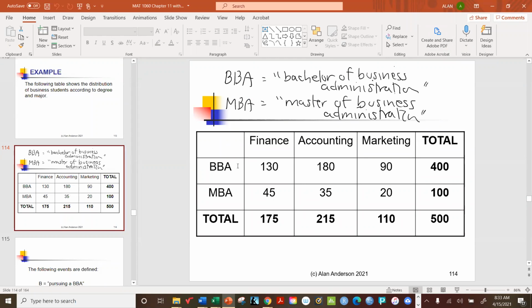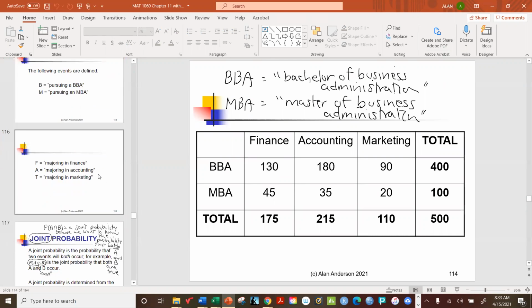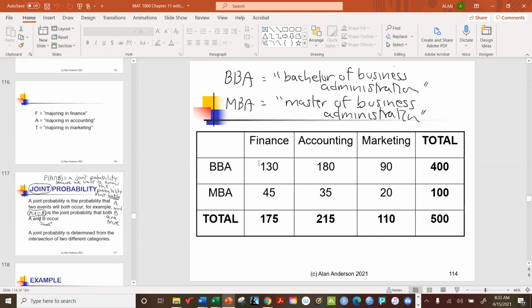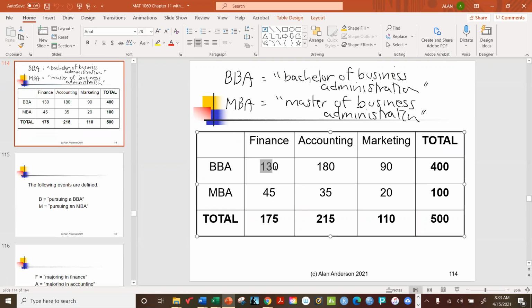For example, the probability that a person in the school is getting a bachelor's degree in finance equals 130 out of 500, or 26%. We discovered that by simply looking at the row and column where we find the bachelor's degree students and the finance majors, and we can see where they overlap. There are 130 students in this category out of 500 total. So it's a very simple process.